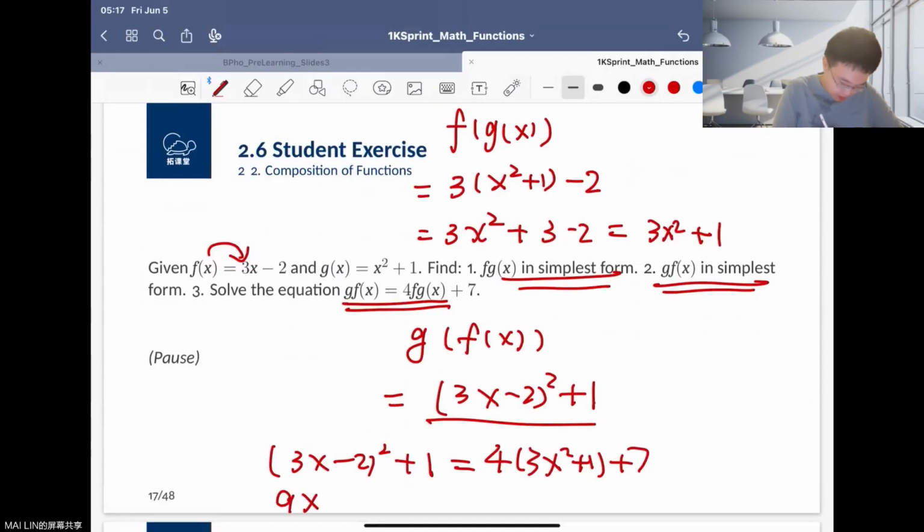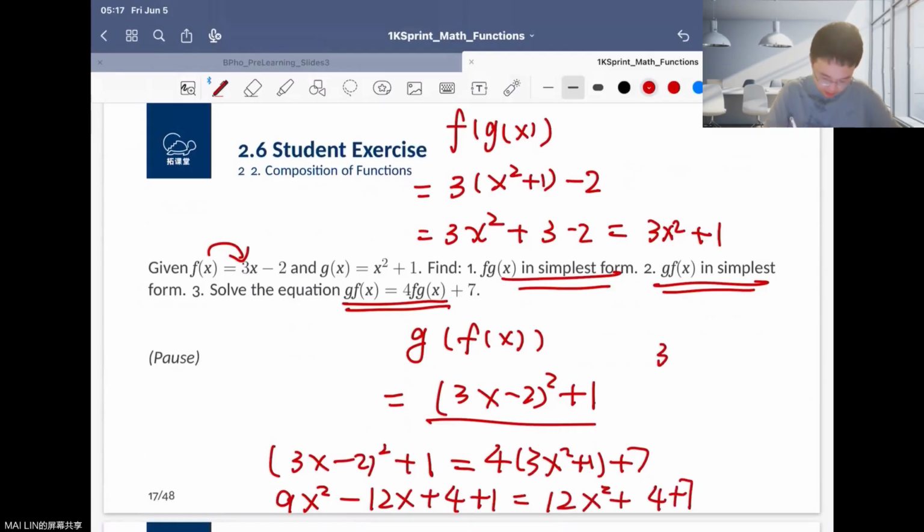So here it's 9x² − 12x + 4 + 1 = 12x² + 4 + 7. Finally you can calculate it as 3x² + 12x + 6 = 0. Sorry, here it's 12x. So you can divide by 3 on both sides. So x² + 4x + 2 = 0.